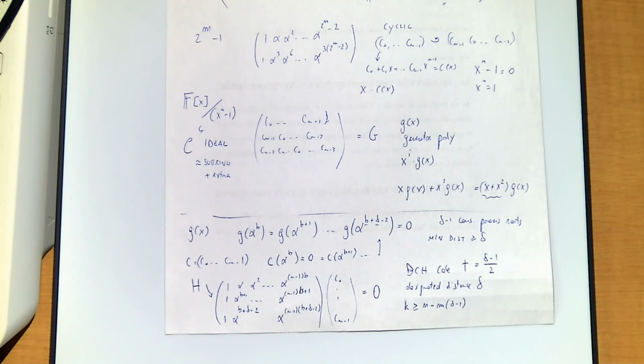And again, this comes back to us if we put that the previous one was meant to have, for example, designated distance 5, so that I can correct 2 errors, and then m was 4, for example. And then I get n minus 4 times 4, 16, and then I get my dimension there.